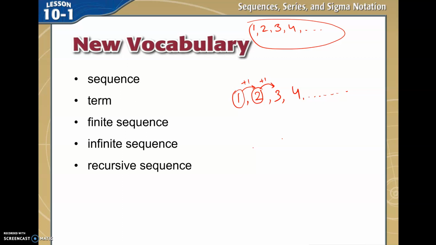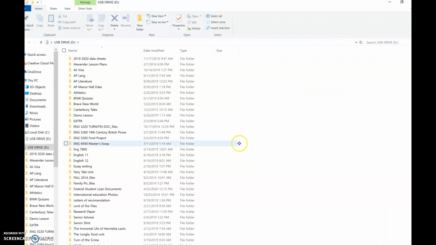Next is recursive sequence. A recursive sequence is when a sequence is based on a recursive formula. What we were doing before in lesson 1.1, let's say you have a function f of x equals 2x plus 1, correct? You substitute.